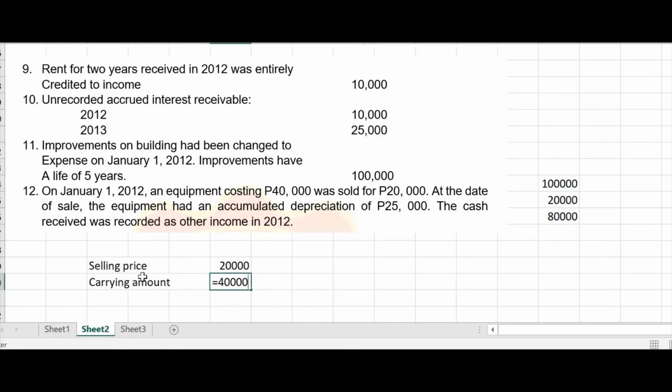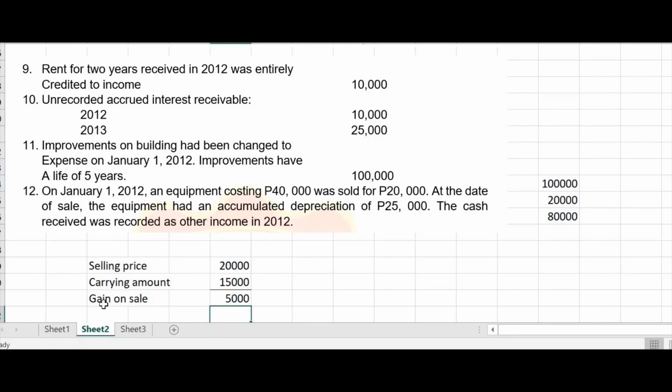So yung cost is 40,000 less accumulated depreciation of 25,000. So yung carrying amount is 15,000. So dapat yung gain on sale should be 5,000. Okay. But the error is, recognize niya as other income yung 20,000.